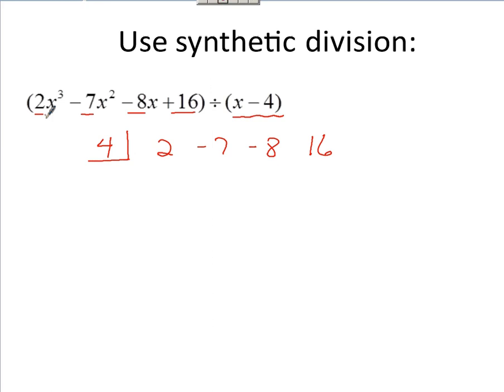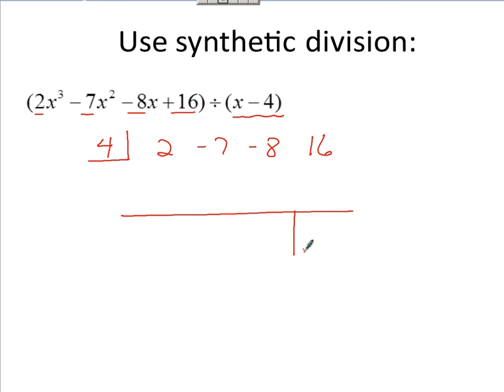Kind of like on that last problem, we didn't have that x squared term, so we had to throw a 0 in there. Had that been the case on this one, I'd have to throw a 0 in somewhere. But everything's going down in order, starting with 3, so we're good to go. All right, now I'm going to skip a row. I'm going to draw a line, like a big old equal sign. At the end of this line, corresponding to this column right here, I'm going to draw another box. I'll explain what that box is when we're done.